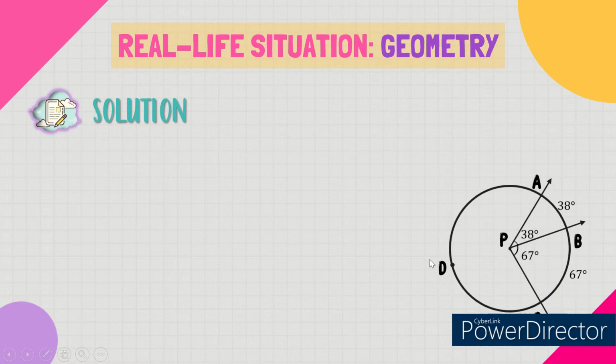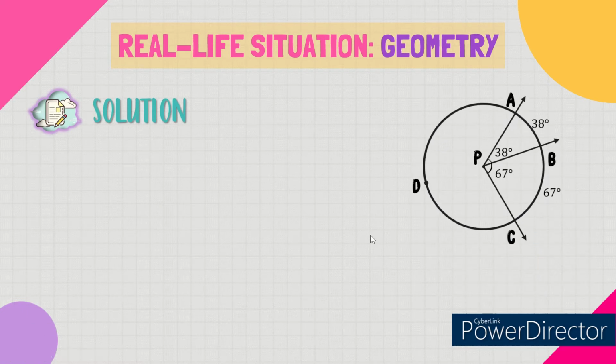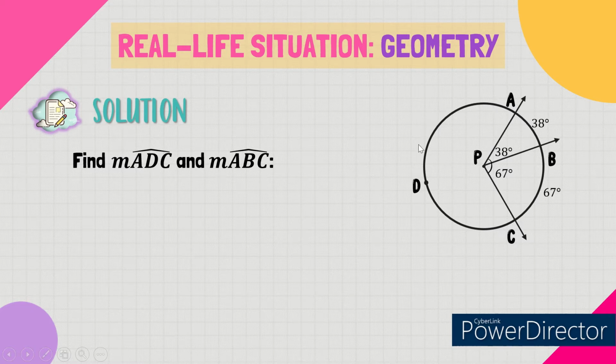Okay, so now let's find the measurement of arc ADC, this major arc right here, and the measurement of arc ABC. So first, to find the measurement of arc ADC, we first need to find the measurement of arc ABC.